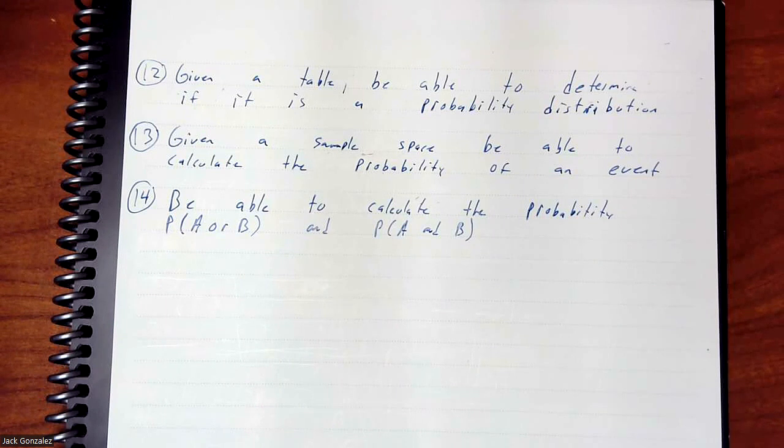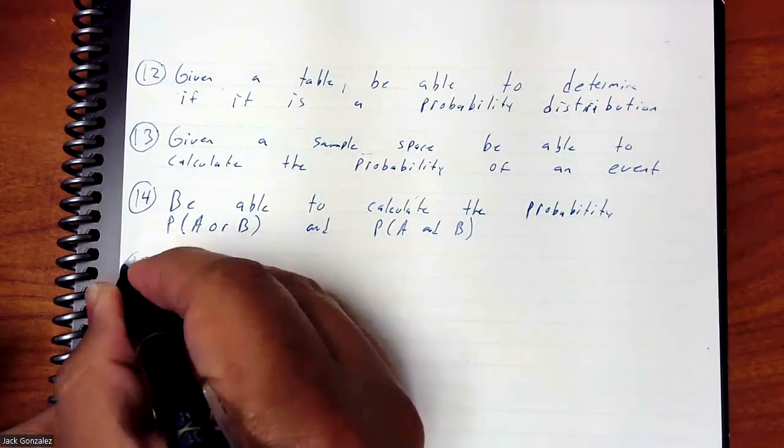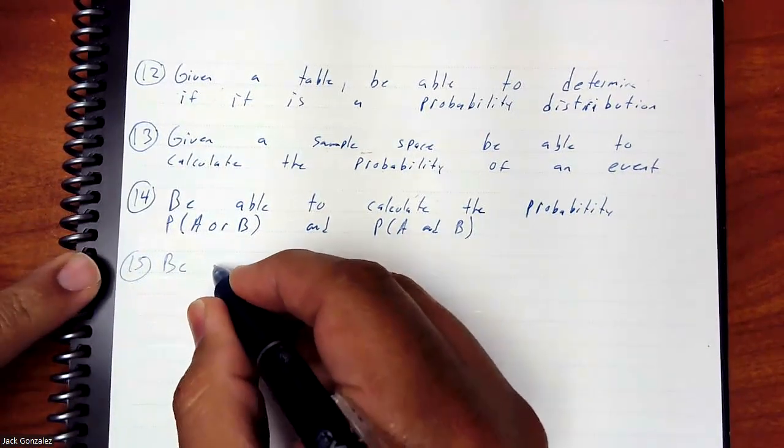And then also if they were independent or dependent, the formula or the approach slightly changed. I guess I should write that too. This is kind of a sub part of 14.